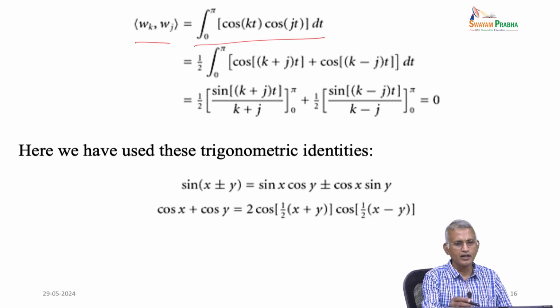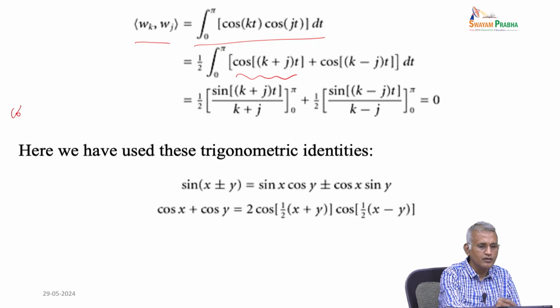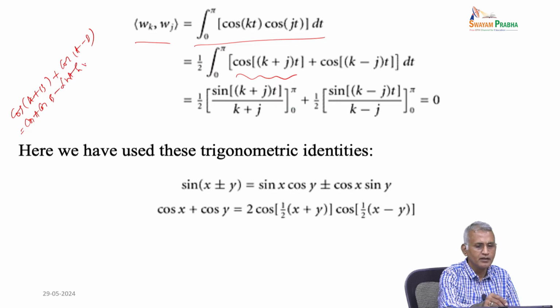For cos a cos b: cos(a plus b) plus cos(a minus b) equals cos a cos b minus sin a sin b, plus cos a cos b plus sin a sin b.